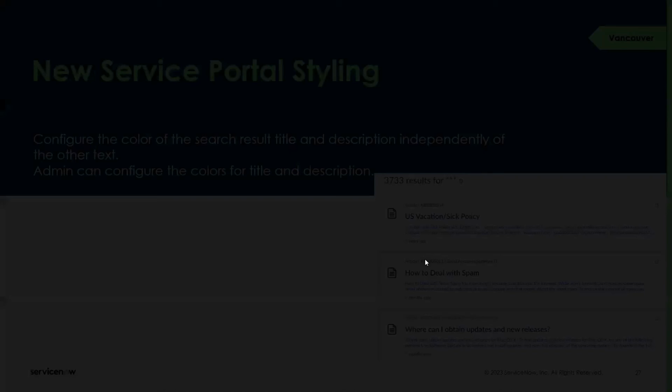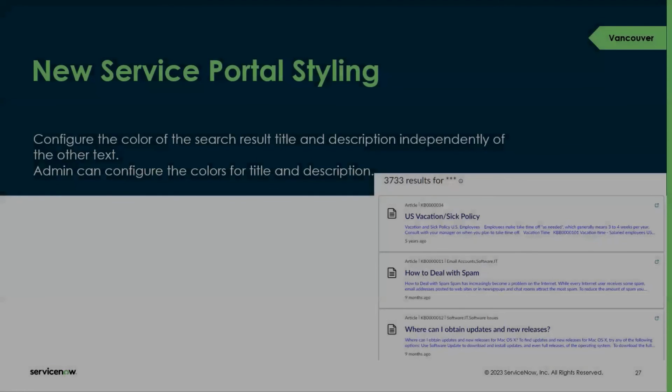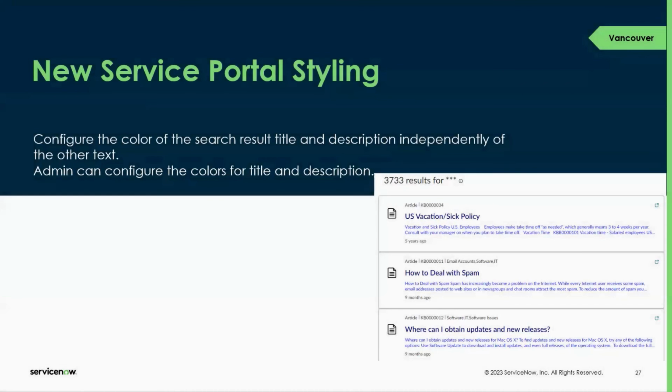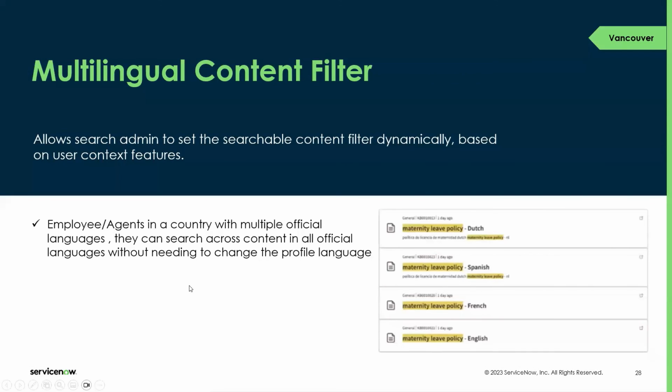With this, we have a multilingual content filter. This is very useful for countries where we have multiple official languages. For example, countries like Finland, where we have Finnish and Swedish, Switzerland, where we have three or four official languages, and even in India, we have Hindi and English.